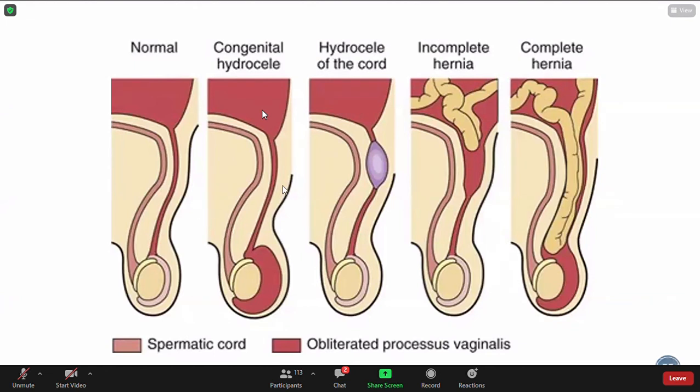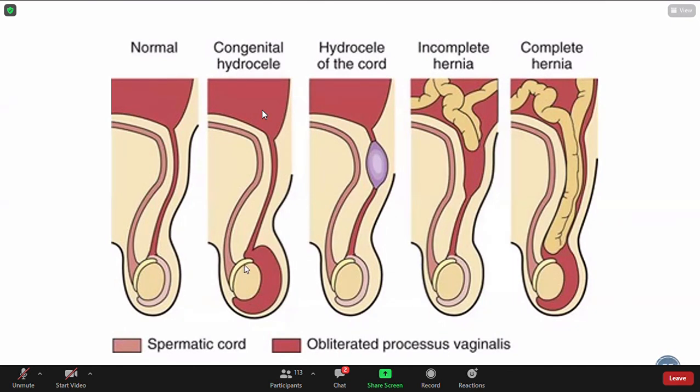Sometimes it doesn't close completely. It has an opening that is enough for fluid from the abdominal cavity to seep through. So when the baby is born, we see fluid within the scrotum. This is known as congenital hydrocele: fluid passing from the abdominal cavity to the scrotal space.